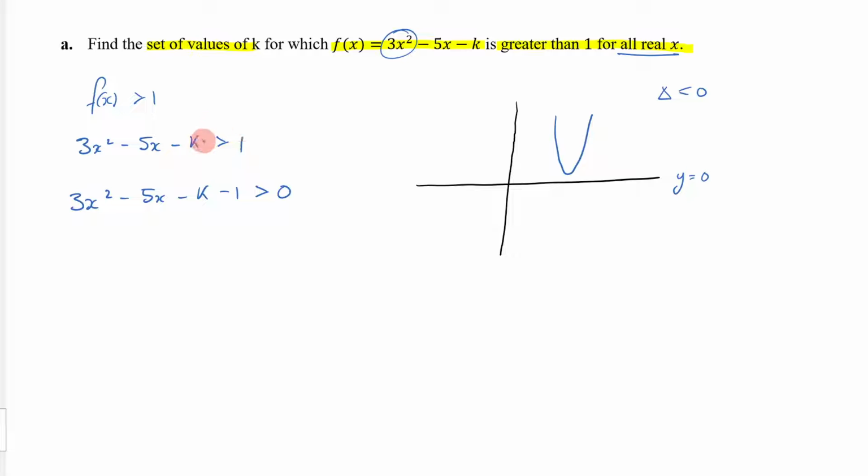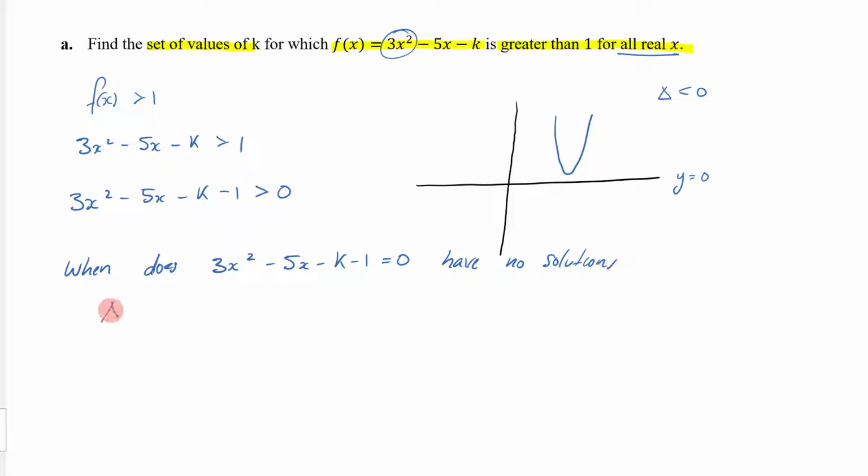By moving this over and now considering 0, what I'm asking is, when does 3x squared minus 5x minus k minus 1 equal 0 have no solutions?